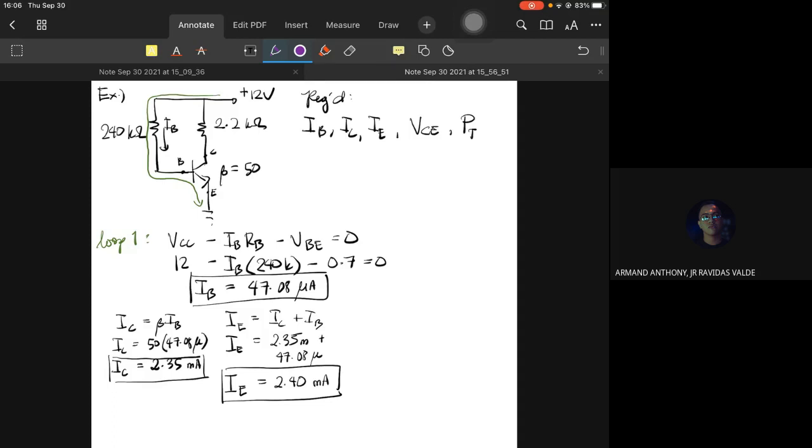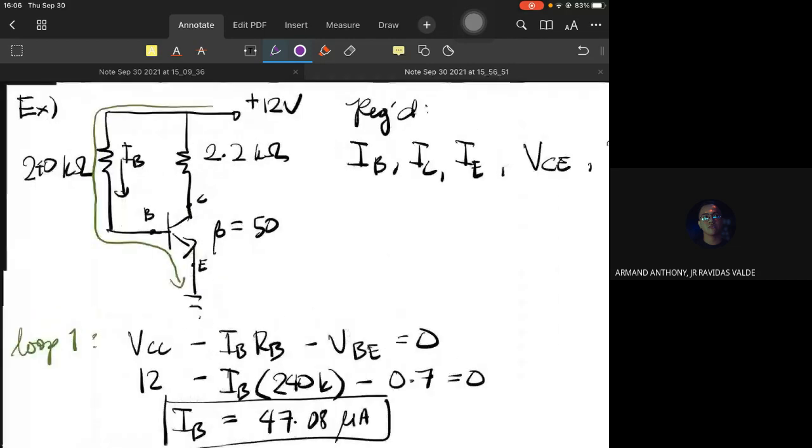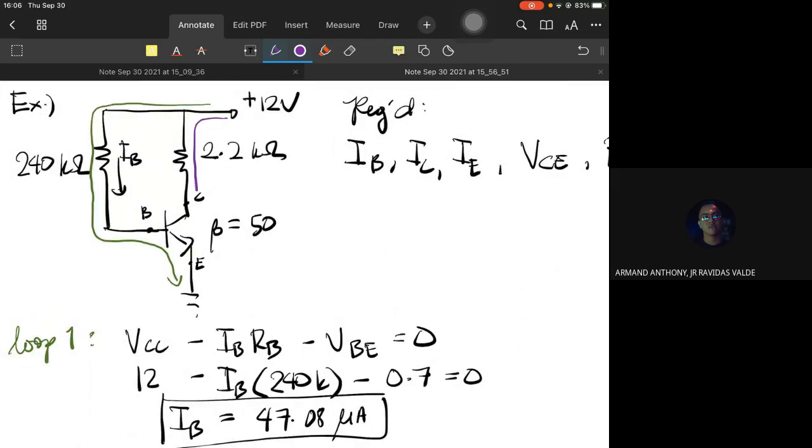Okay, to get IE, here is the other loop. From VCC to ground again, along this path: VCC minus IC RC minus VCE equal to 0, since it ends at ground after the CE junction.